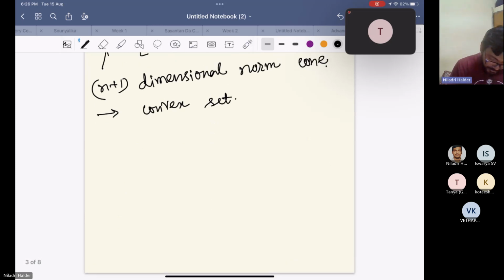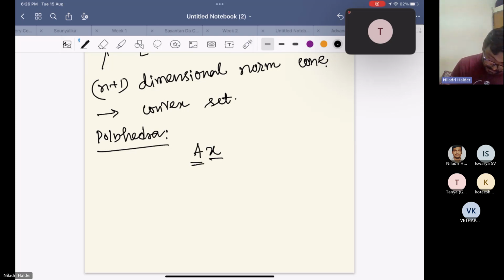Then the next topic is the polyhedron. Similarly we can define it here. Suppose x is a vector and A is a matrix.